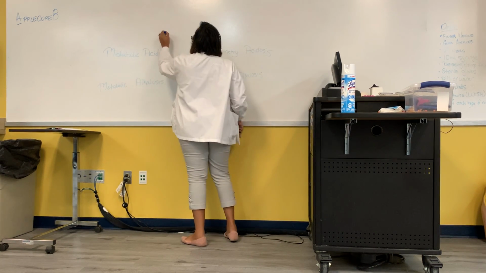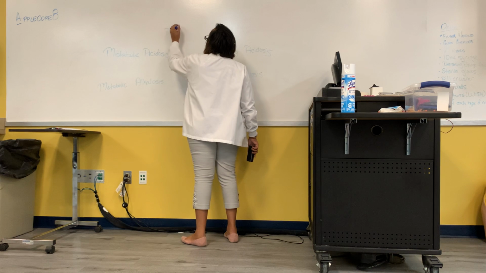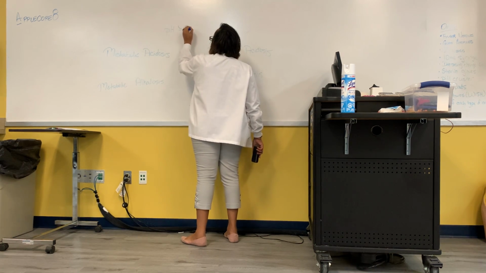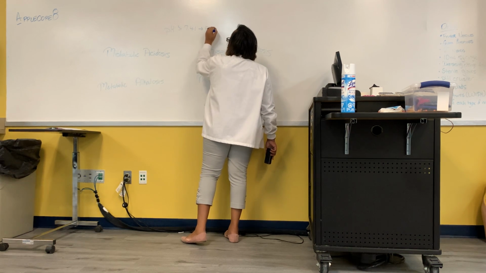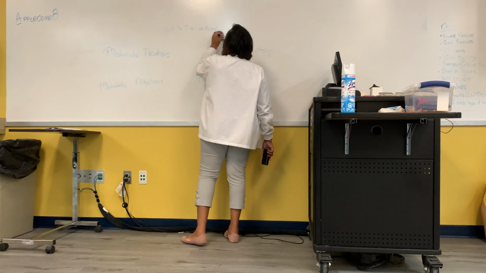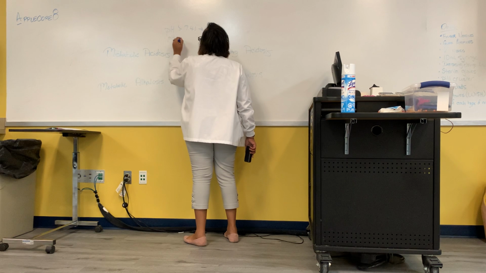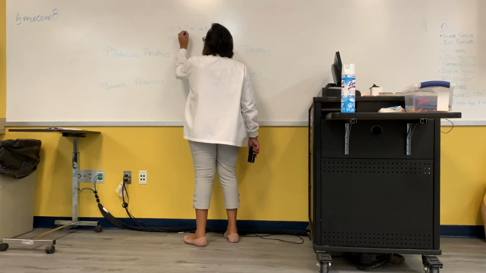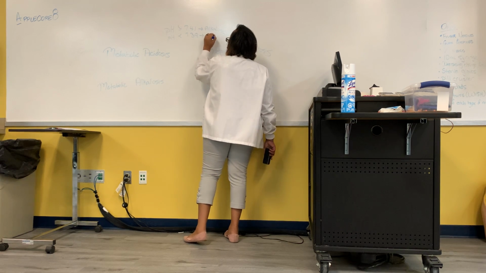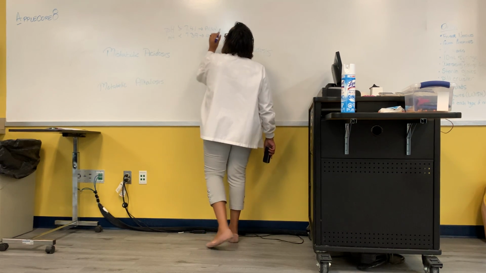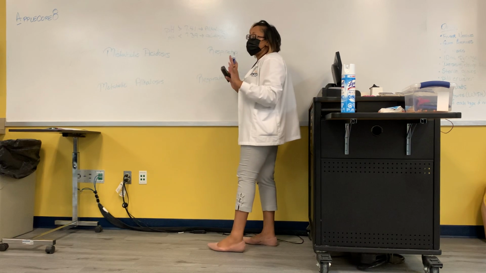If your pH is greater than 7.41, it's going to be alkalosis. If your pH is less than 7.39, it's going to be acidosis. So perfect pH is 7.4. That's perfect harmony.